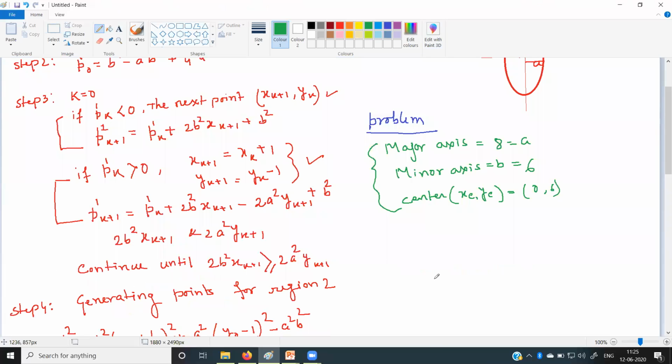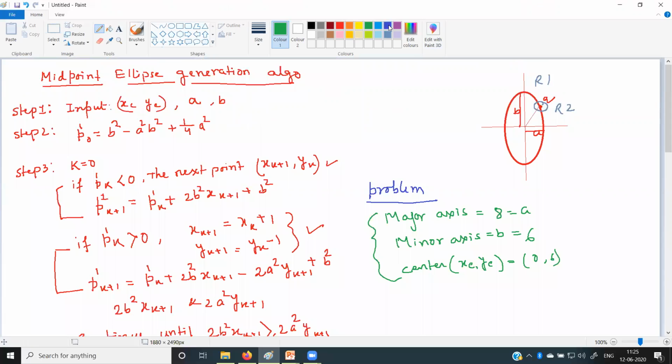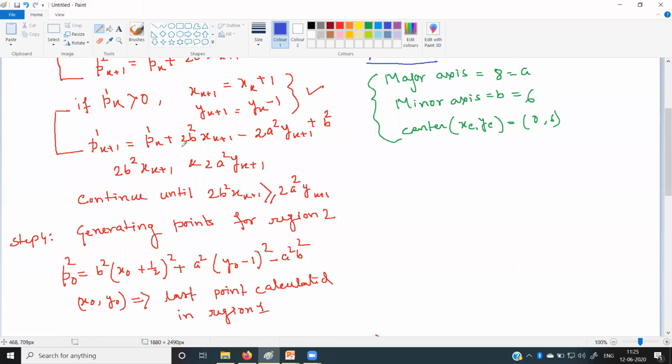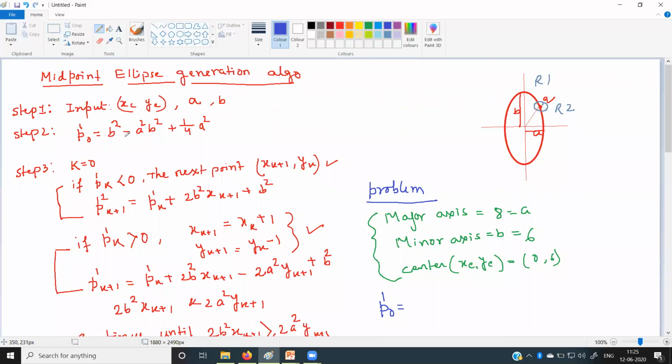So what we will do now, first we will compute the decision parameter for region 1. P0 for region 1, as you can see from the algorithm, is b square minus a square b plus 1 by 4 a square.